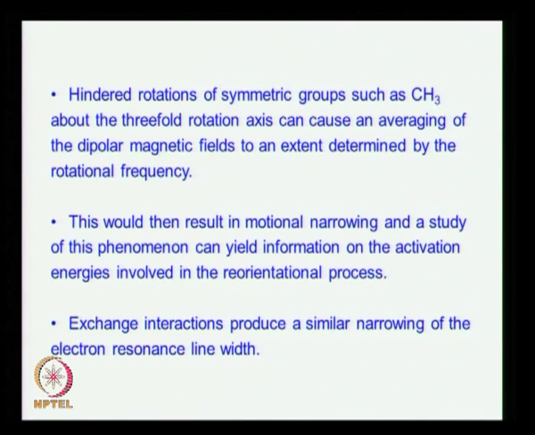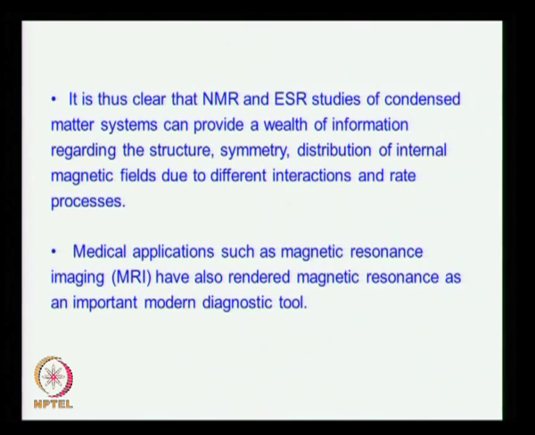We already discussed how motional narrowing can affect the NMR profile. Now, we discuss exchange interactions between electron spins, and that can produce a similar narrowing of the electron resonance line width. This is known as exchange narrowing. Thus it is clear that NMR and ESR studies of condensed matter systems can provide a wealth of information regarding the structure, the symmetry, the distribution of internal magnetic fields due to different types of interactions and the various rate processes.